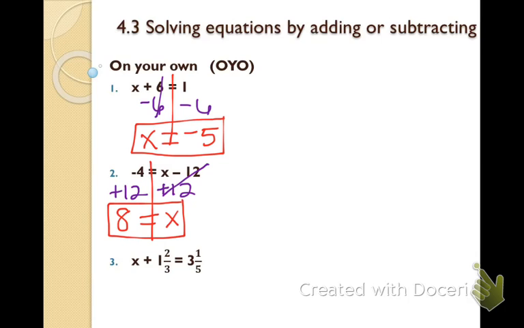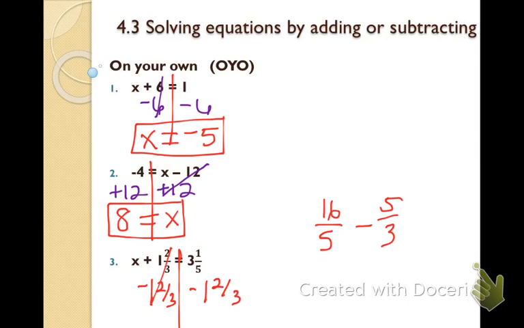That's the solution. On this one, I want to subtract 1 2/3. I have to follow the golden rule. Those two cancel. I'm left with, I'm going to do a little scratch work over here. So I have 16/5 minus 5/3.